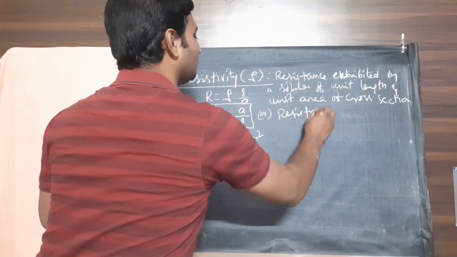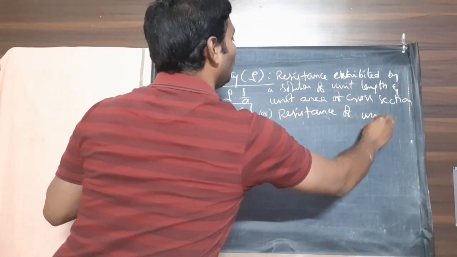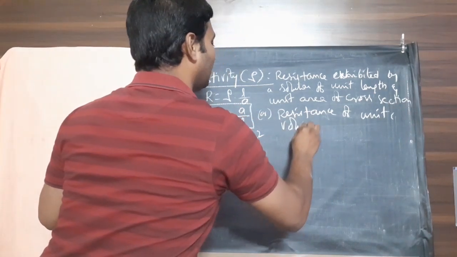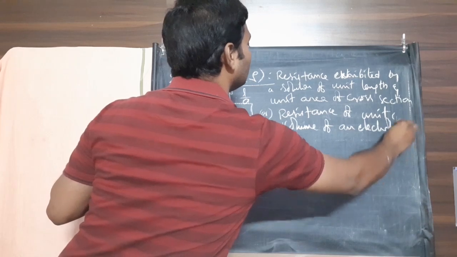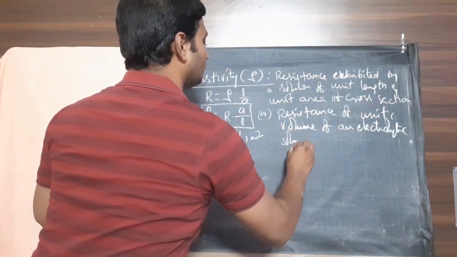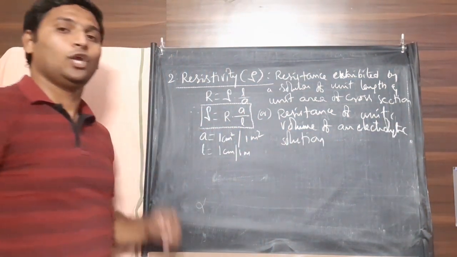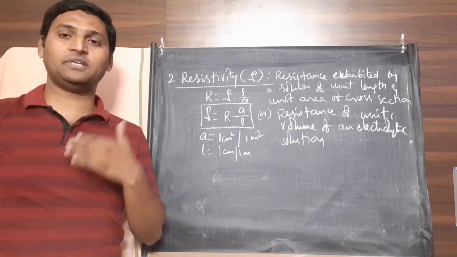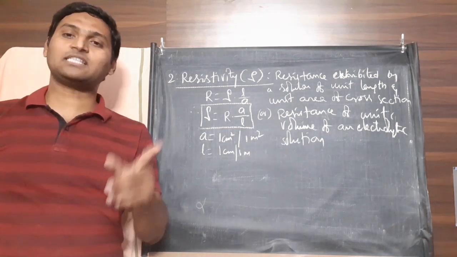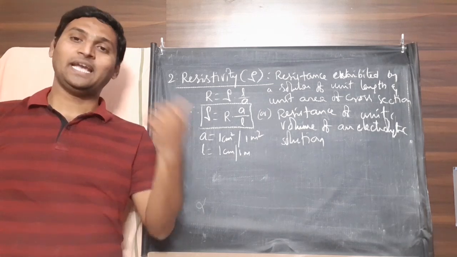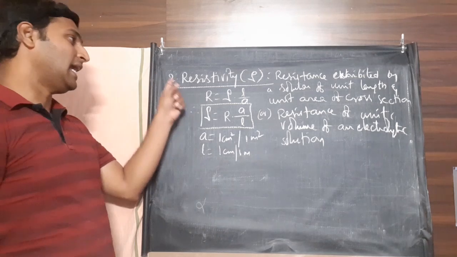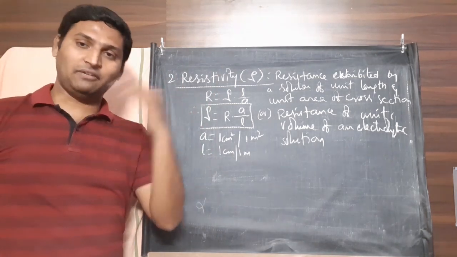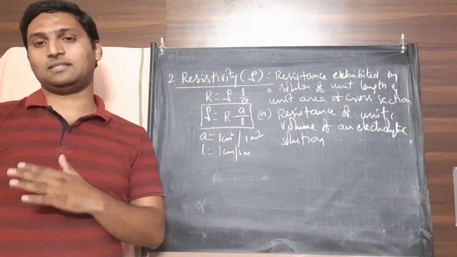Resistivity is the resistance of unit volume of an electrolytic solution. That means in CGS units, the resistance of 1 centimeter cube of a solution; in SI units, the resistance of exactly 1 meter cube of a solution is called resistivity. Previously it was called specific resistance.